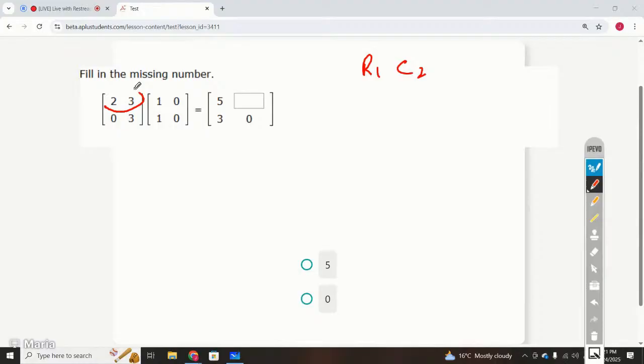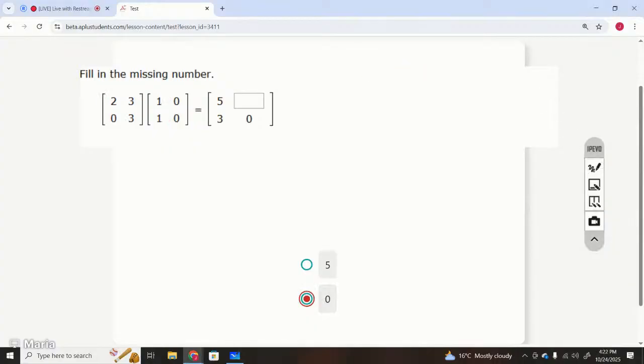So row 1 from the first matrix and column 2 from the second matrix. Option number 2 is the correct option, that is 0.